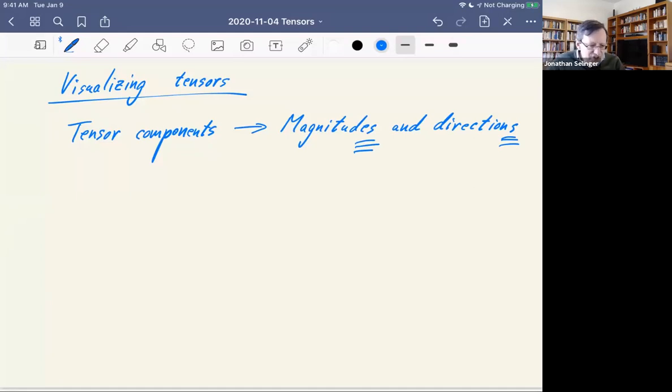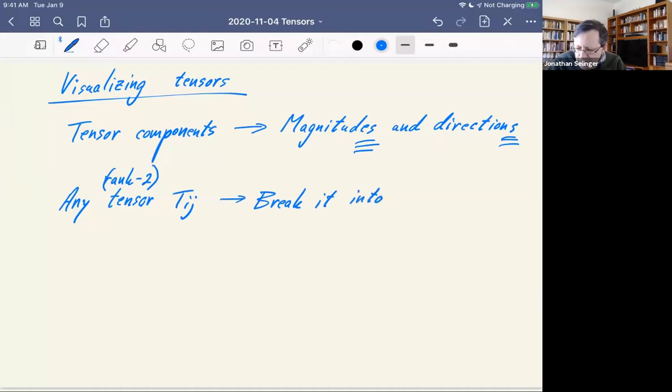First of all, let me say that any tensor of rank 2, that is a 3 by 3 matrix, a tensor Tij, we can break into symmetric and anti-symmetric parts.